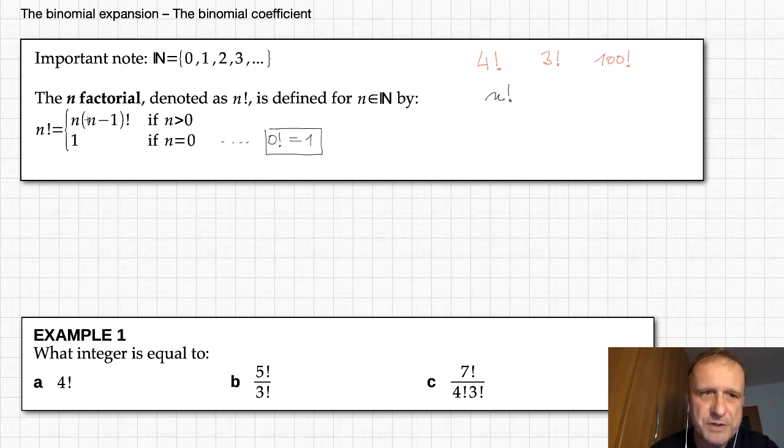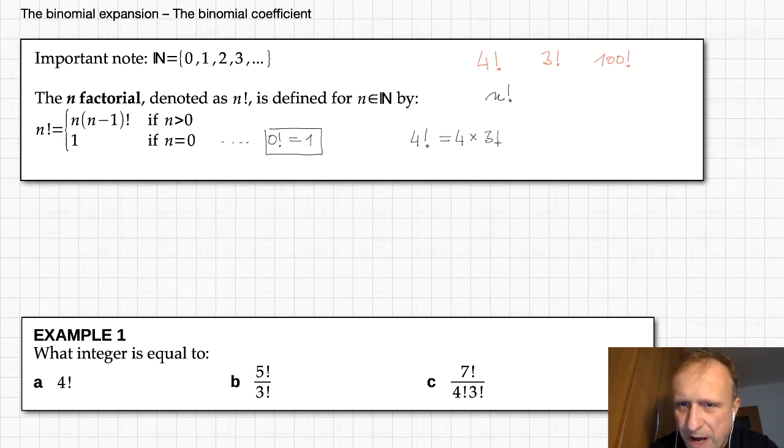Now imagine you want to find, for example, 4 factorial. You look at this number 4. 4 is greater than 0, therefore I'm going to use this first line of the definition, and it says that 4 factorial should be 4 times, and there is 4 minus 1, which is 3 factorial.